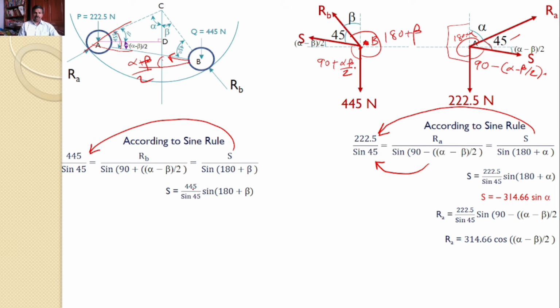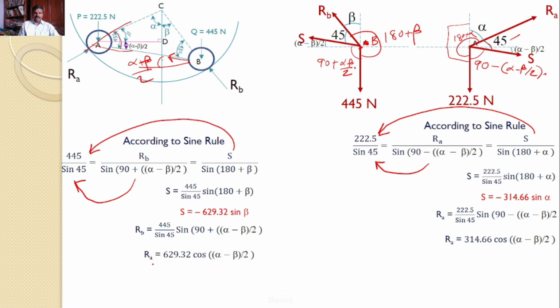S is equal to 445 by sine 45 into sine of 180 plus beta, and after simplification you will get minus 629.32 sine beta. Similarly, take these two expressions and simplify further. So you will get RB is equal to 629.32 into cos of alpha minus beta by 2.